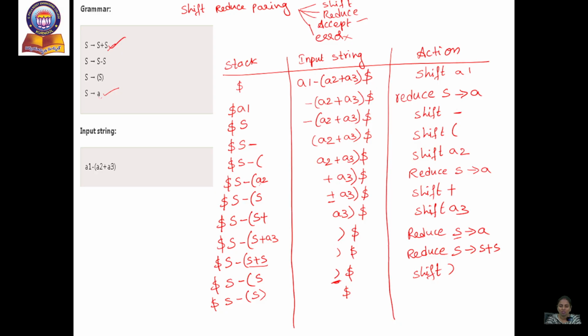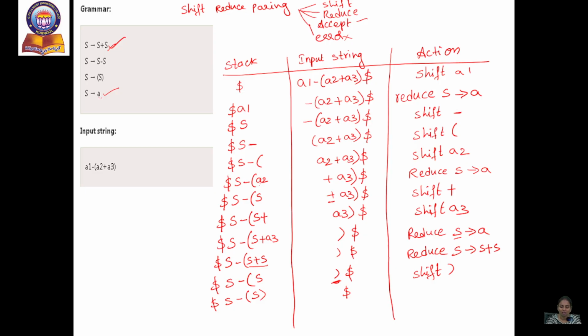Each and every character in the string we have checked, and wherever necessary we have done the shift operation, wherever needed we have done the reduce operation, so now in the input buffer only dollar is left over.